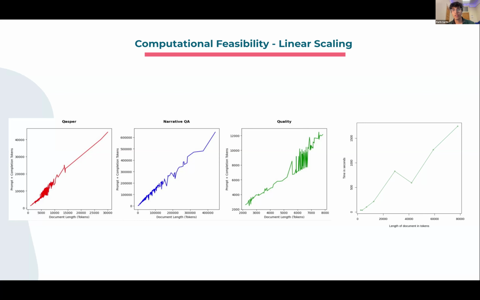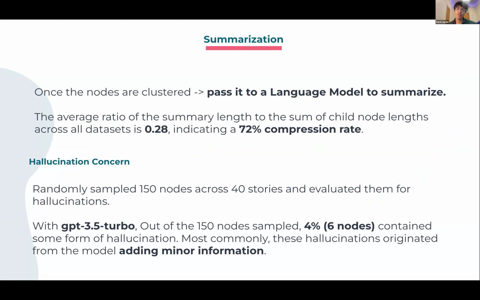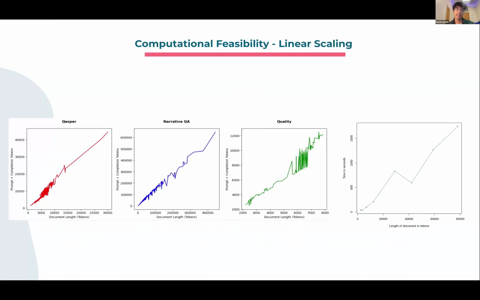This is because, as we saw earlier, the compression rate is 72%. So for the amount of tokens that you pass into your model, you only get 0.28 back as output tokens. That's why it's computationally feasible. We ran all of these experiments on a 16 GB RAM Apple M1 computer, so these aren't run on some fancy GPU, just everyday consumer electronics. You can build the trees on your own laptop and you can use RAPTOR.